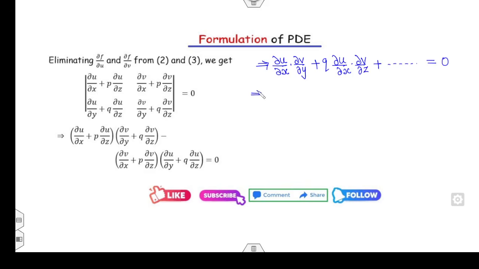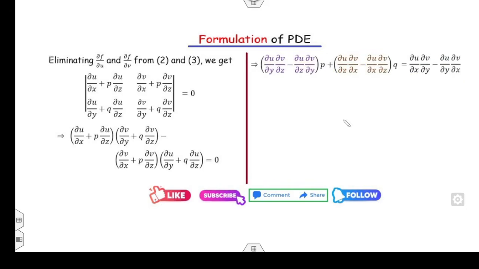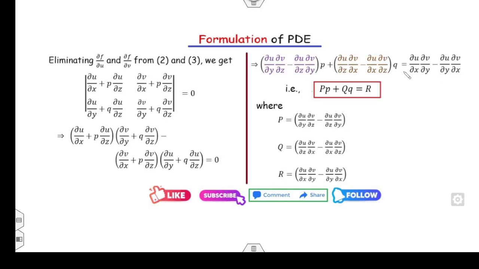Fine. Now you can open the bracket and take the coefficient of small p, the coefficient of small q, and the terms which are independent of p and q. I denoted the first expression as capital P, the second expression as capital Q, the third expression as capital R. So that is the required partial differential equation.